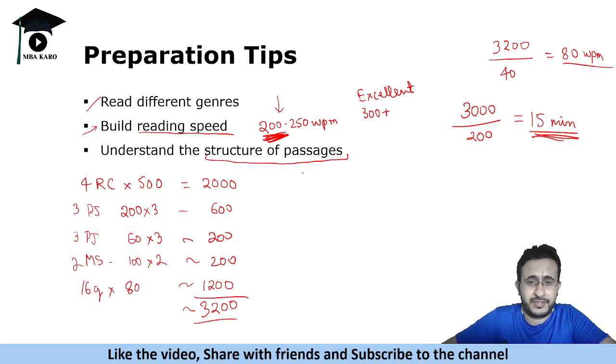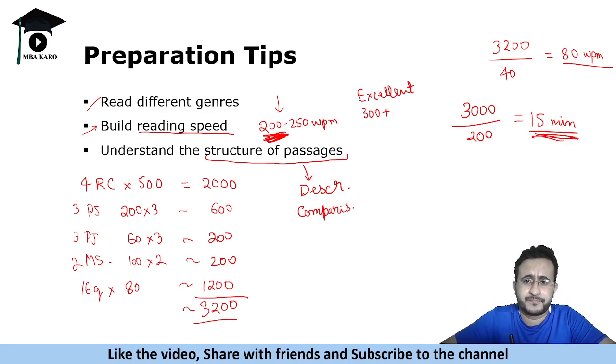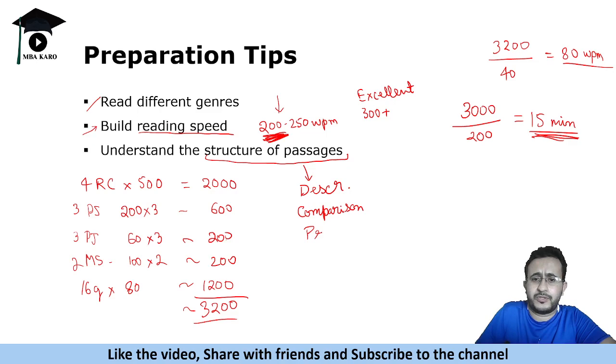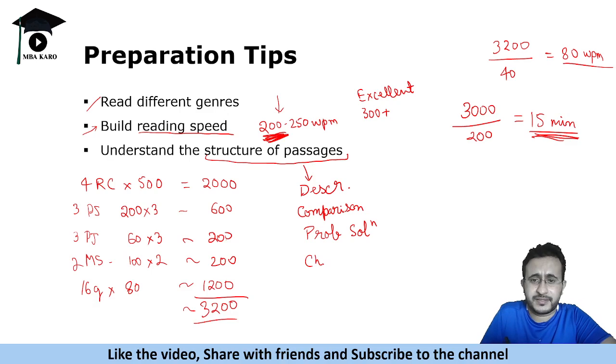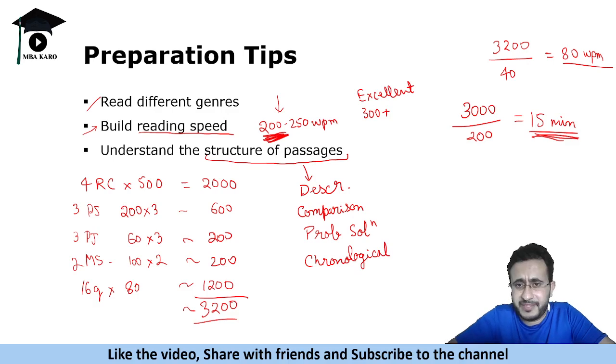If you understand whether it is a descriptive passage, whether it is used for comparison of two things, whether it is a problem solution based passage, where the author presents some problem and gives its solution, or a chronology based passage, or it could be different varieties.